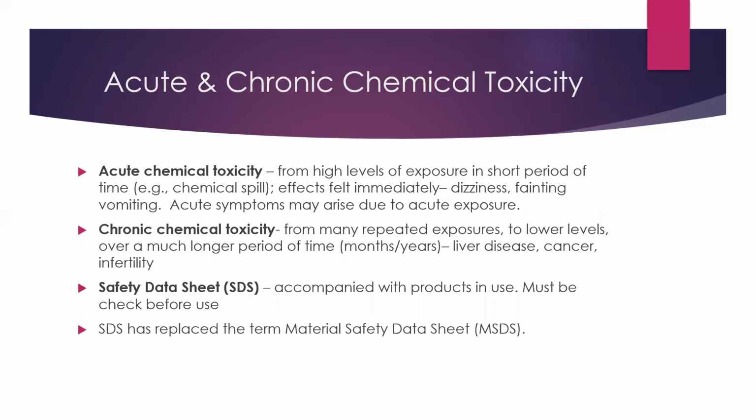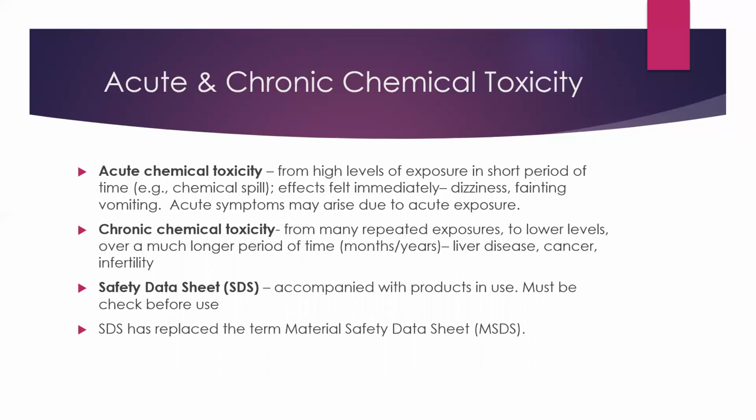Acute and chronic chemical toxicity. There are different types of toxicities. Acute is more short term and chronic is more long term. Acute chemical toxicity is usually from high levels of exposure in just a short period of time, usually from a chemical spill. The effects are felt immediately, and symptoms like dizziness, fainting, and vomiting could occur.